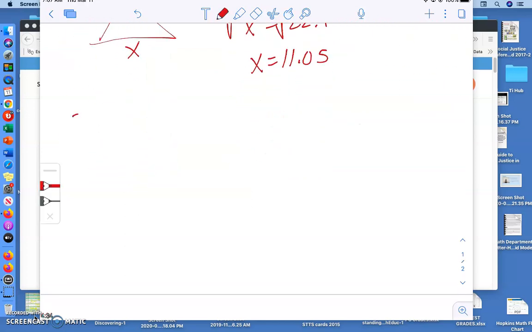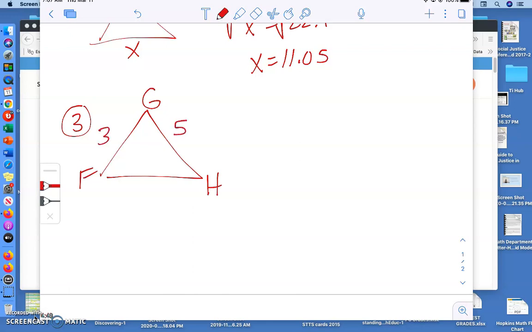Now we're going to take a look at another one. Let's say we have F, G, and H, and we have 3, 5, and 7, and you need to find angle G. Again, we can't use law of sines because we don't have a pair.